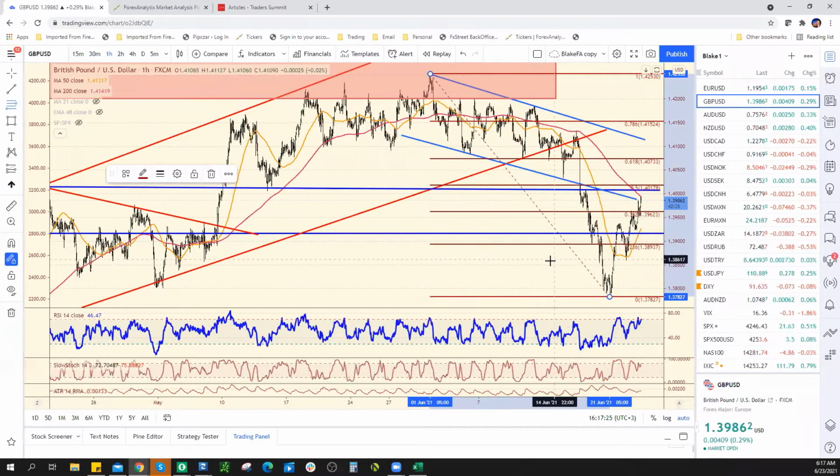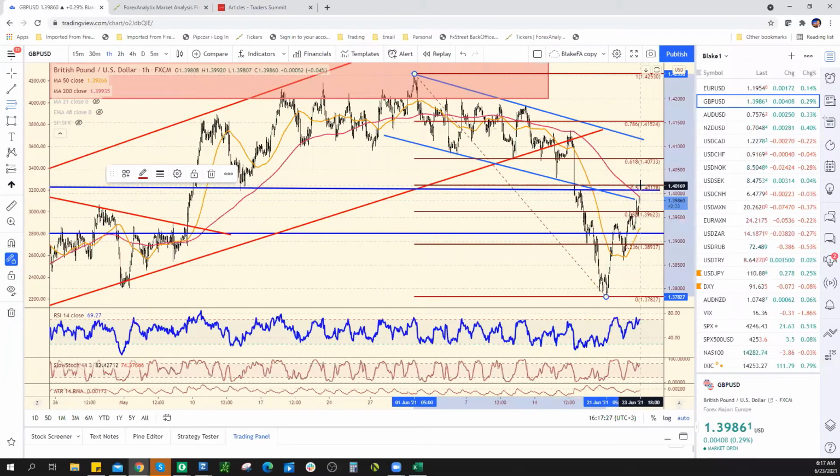All right, so you can see the 50% retracement, 140.17. I am going to put that out there.